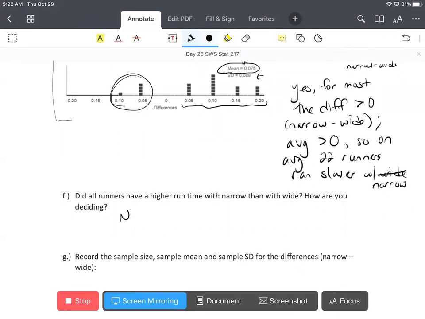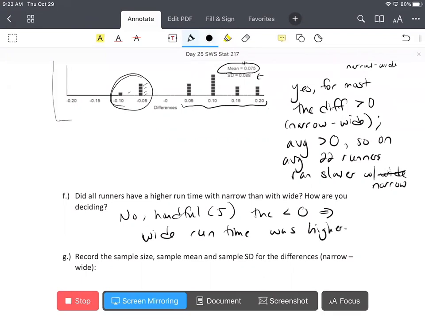So no, a handful of the runners, let's see, it looks like I can count 1, 2, 3, 4, 5. So there are 5 of them. The difference was less than 0, meaning that the wide run time was higher. So they didn't all, but most of them are over here.